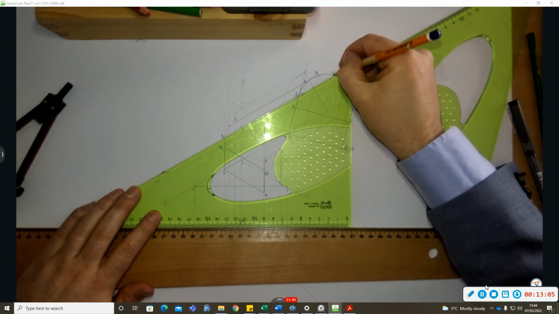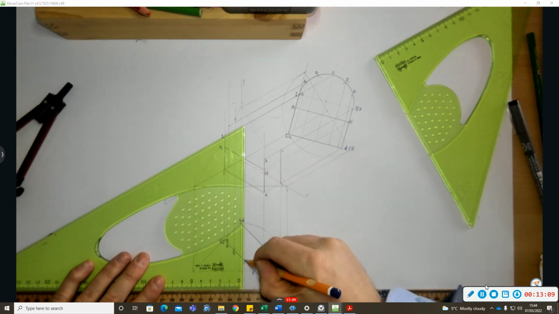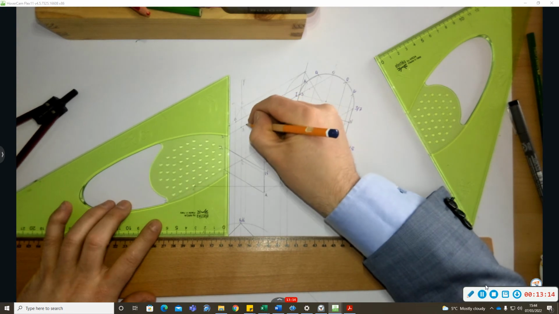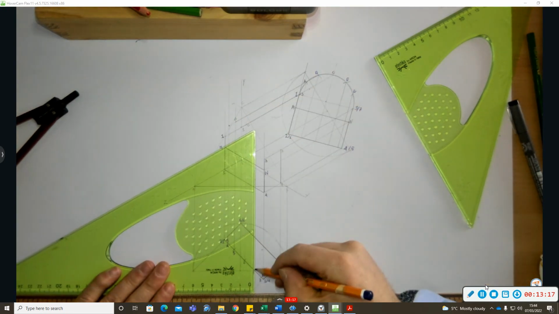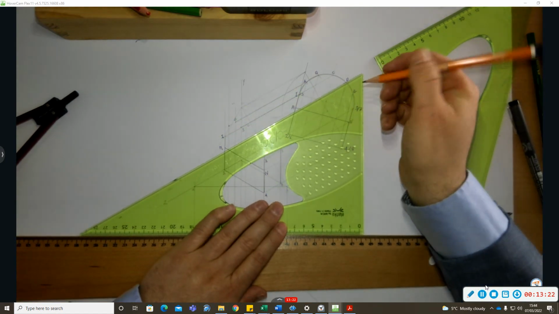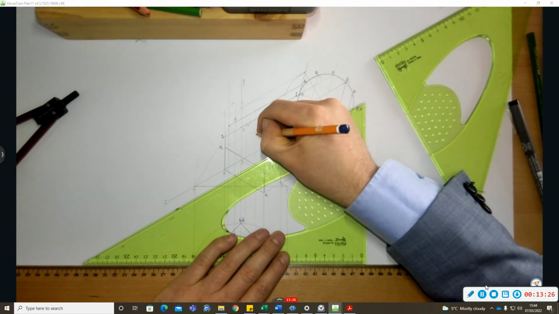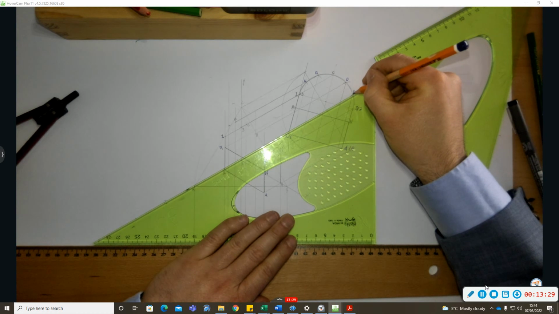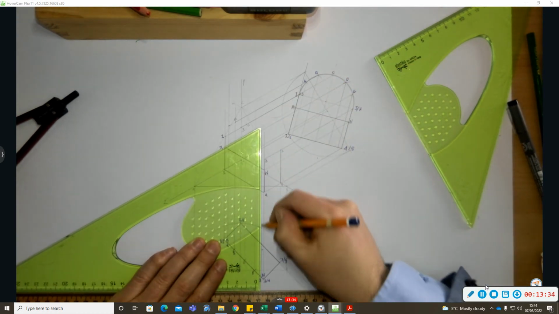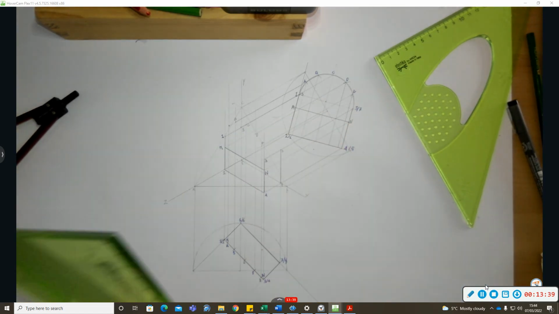And I'm going to project C downwards at 30 degrees and C upwards at 30 degrees from plan view. So there's point C. Now D. There's point D. Point E. We'll project downwards and upwards from E. Now I don't like where C is there.